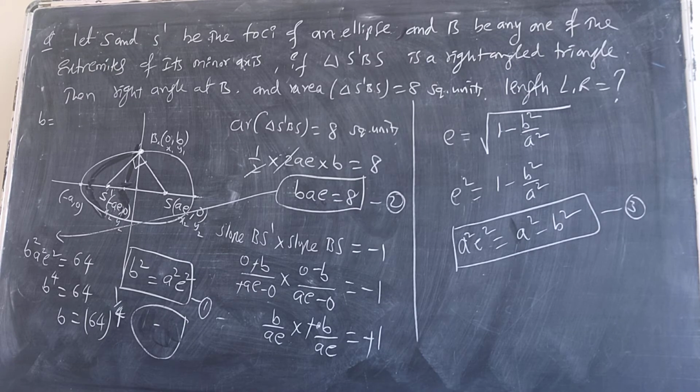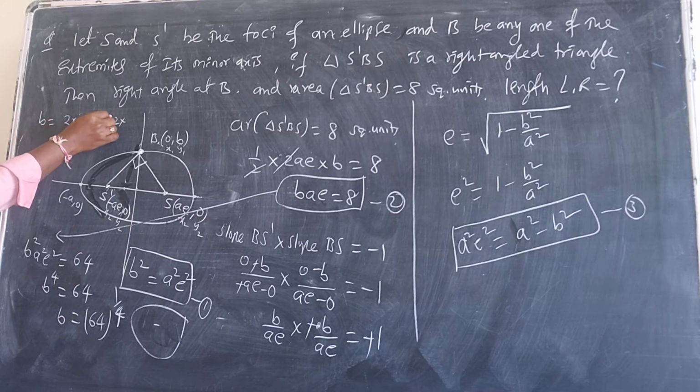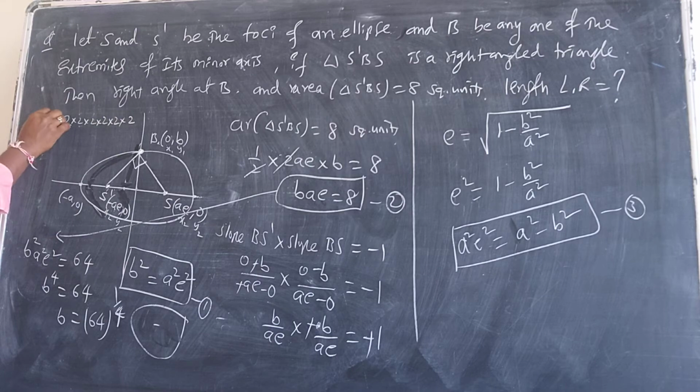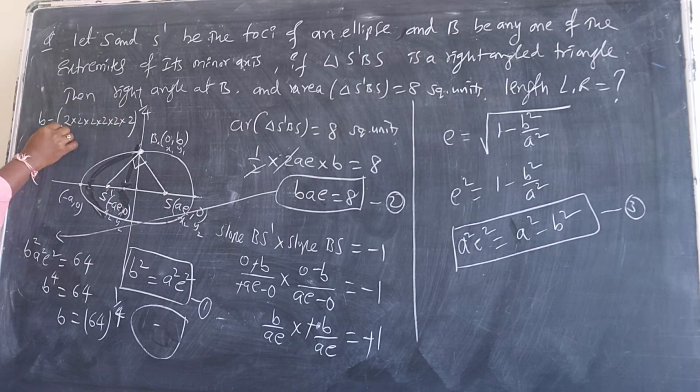Sir, if you don't know, do one thing, write 64 like this. Here I can write 64 as 2 into 2 into 2 into 2 into 2 into 2, six times: 1 2 3 4 5 6. And you have the 4th root. 4th root means from 4 numbers you will get 1 out.